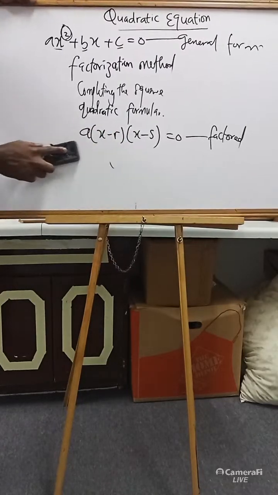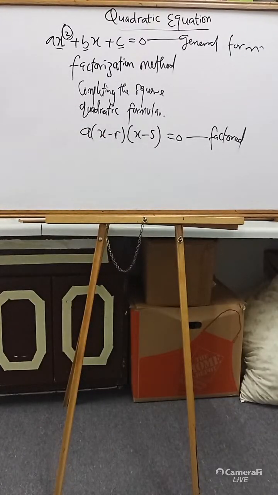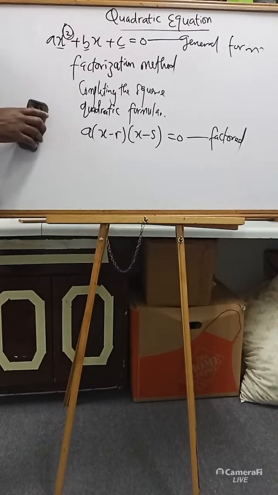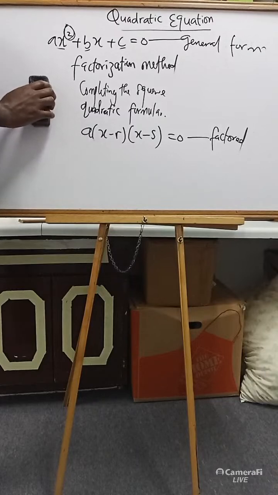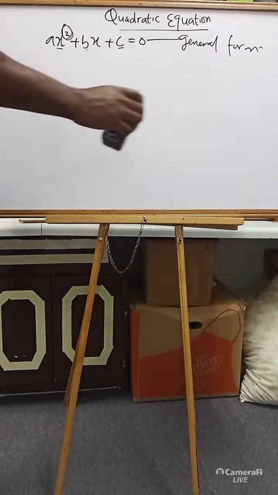Let's leave the vertex form for now because it doesn't go in line with what we intend to teach today. But there are various forms, be it the general form, vertex form or factored form, in which your equation can be given to you. Today we are going to look at the factorization method, or let me call it the factored form. That is the first thing we're going to look at, and examples will be given regarding that.